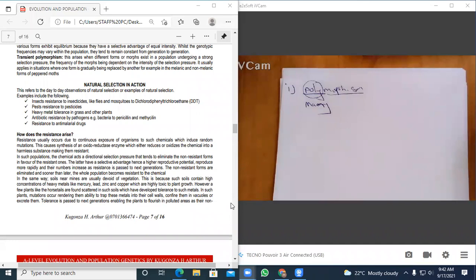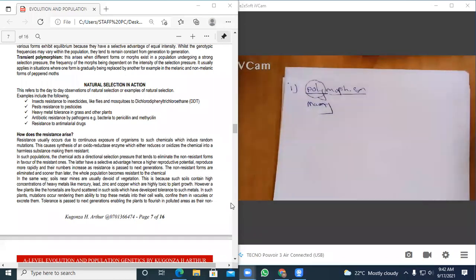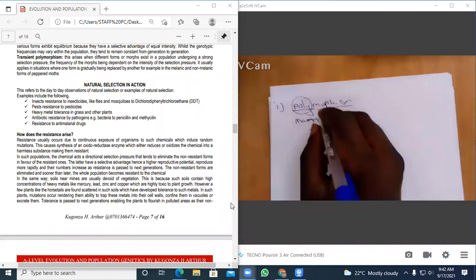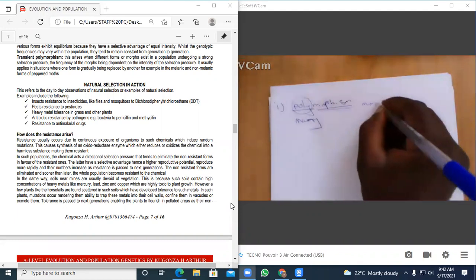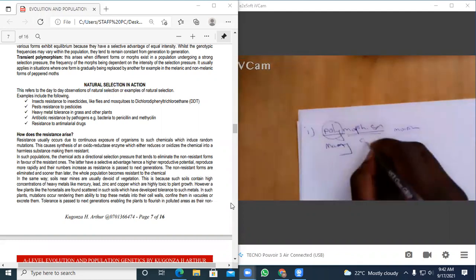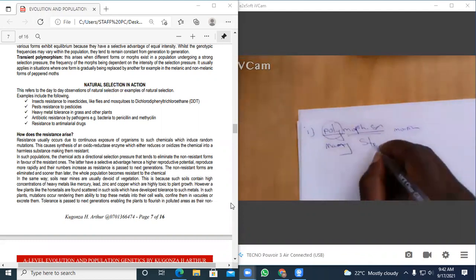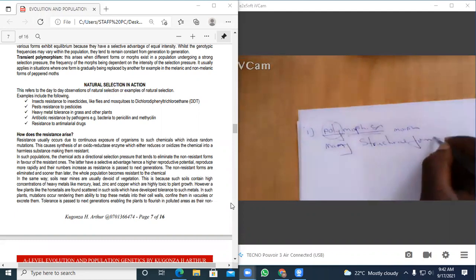I think morphism means evolution or reproduction. It may be related to that, but it is not correct. The word morphism comes from the word amorphous, and it means structure, structural forms.